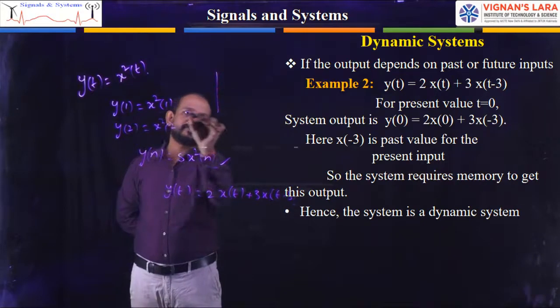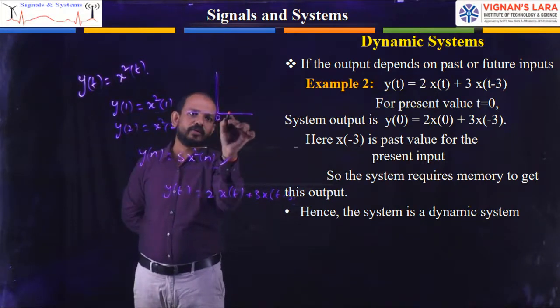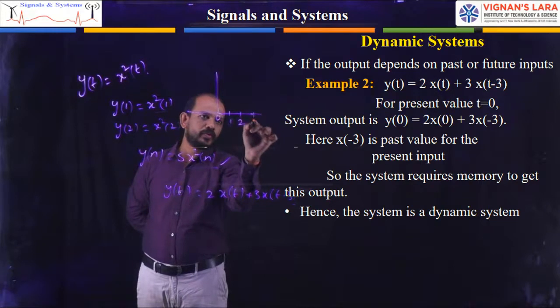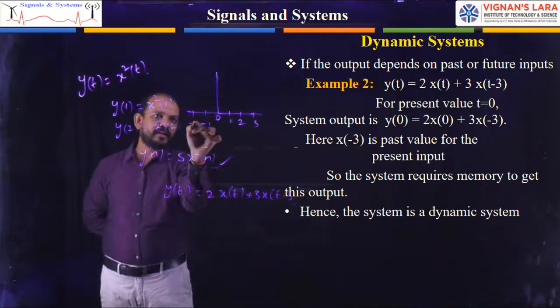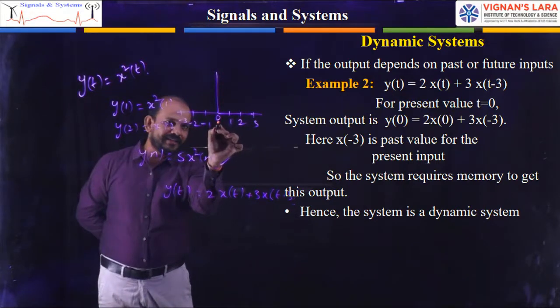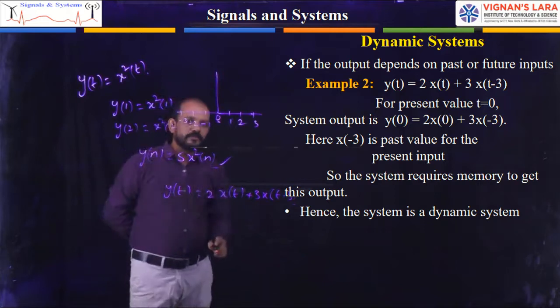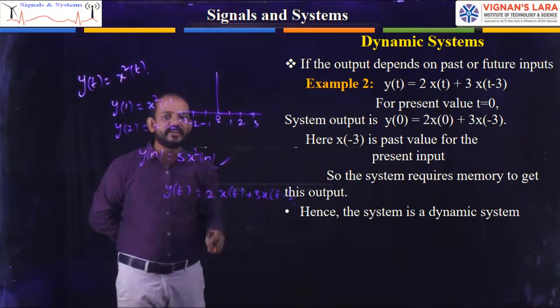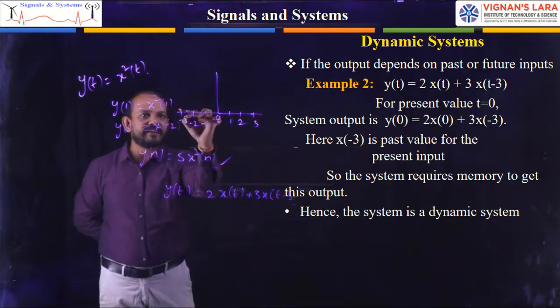So go to the number line. Let us take 0, 1, 2, 3, and minus 1, minus 2, minus 3. See, you are taking the output at 0, y of 0, that is equal to 2 into x of 0, that is the present input. And the next one is x of minus 3, which is at this point.